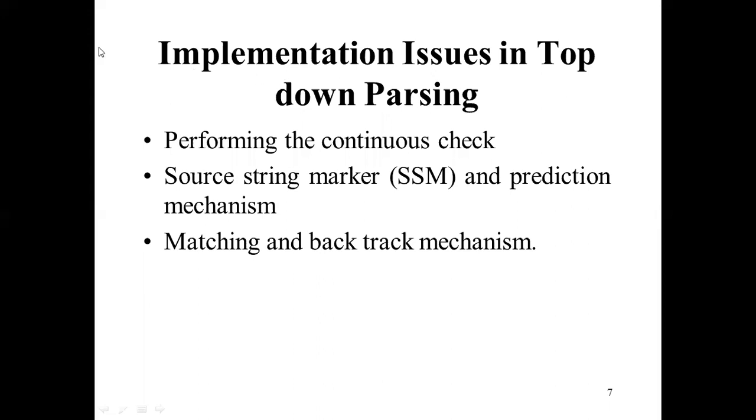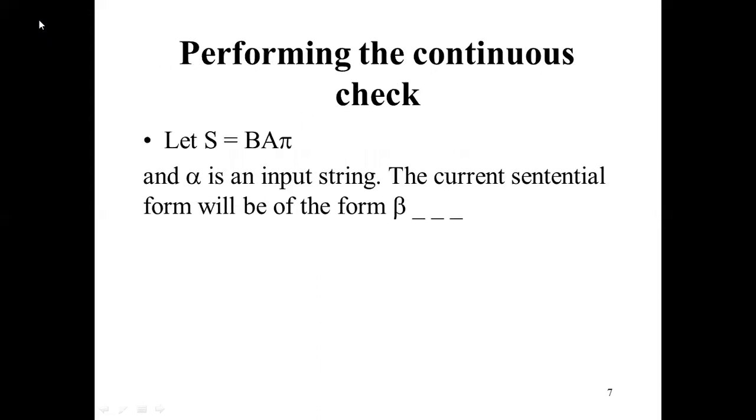Just consider performing the continuous check. Suppose S is a sentence that is given, and we have already broken that sentence into a number of strings. Here we are choosing B A pi.